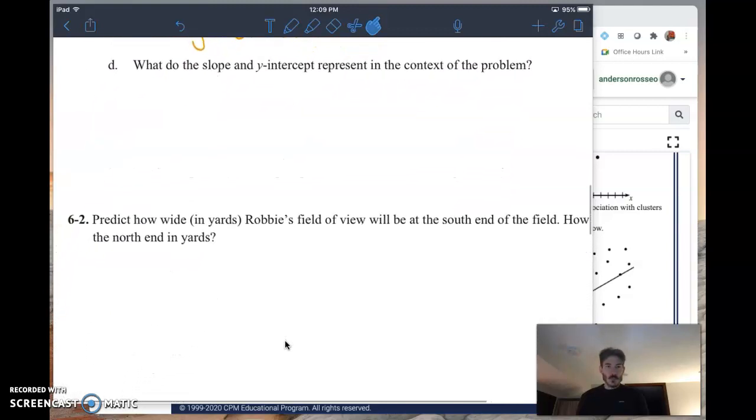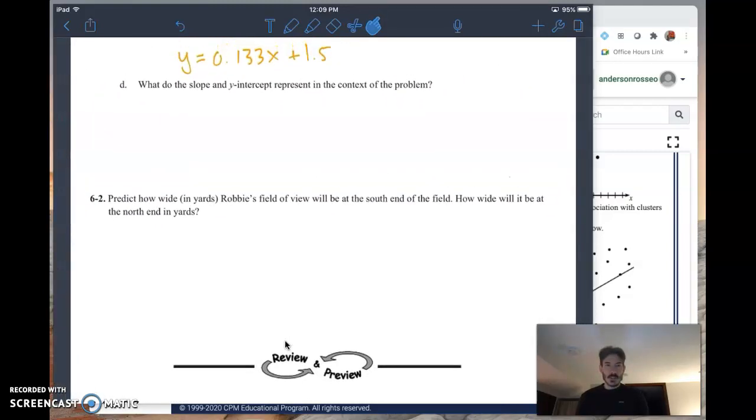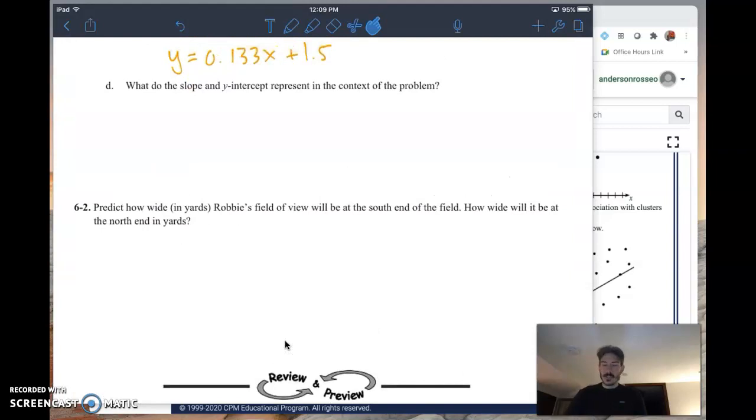Okay, we've got one last question, and this is the point of doing this, and I want to make sure I have enough time for it. The point of doing any sort of line of fit or regression model, I know you haven't heard me say regression yet today, is for predictions, and that's what 6-2 is for. So I want to get to this.